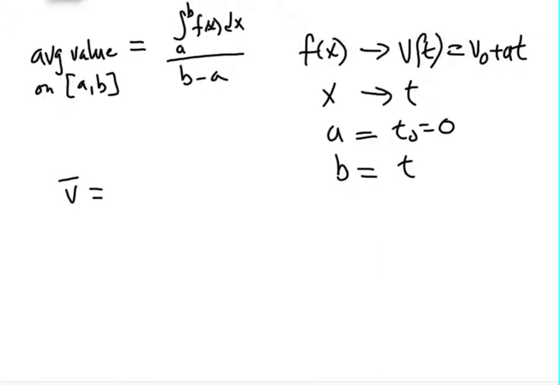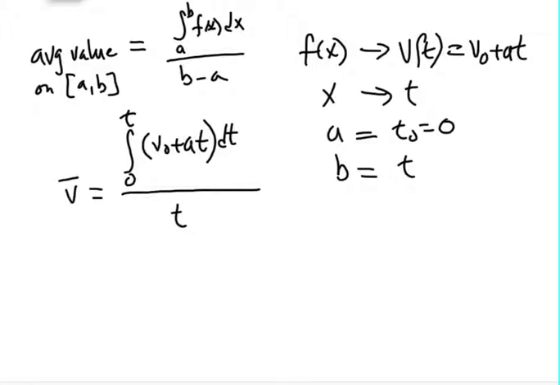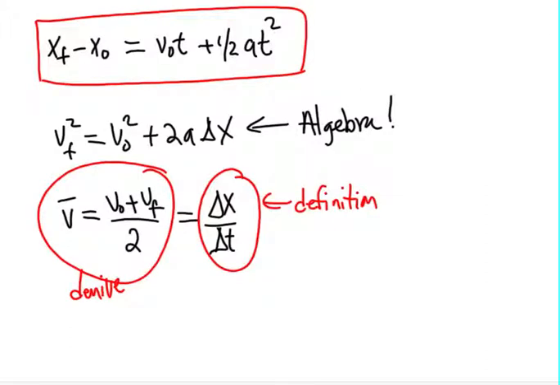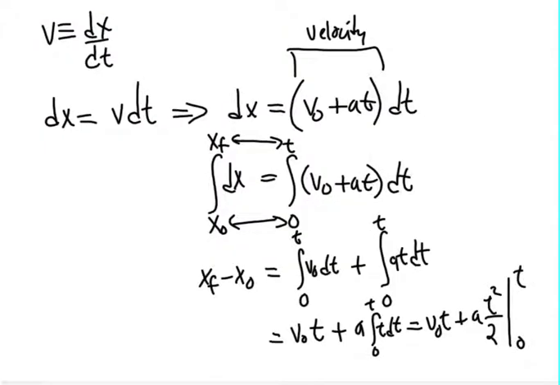That will equal the integral from a to b, which is from 0 to t, of our function, which is v0 plus at, times dx, which is now dt, divided by b minus a, which is just t. Now, if we notice what we have on the top right here, that is in fact just what we evaluated right back here.